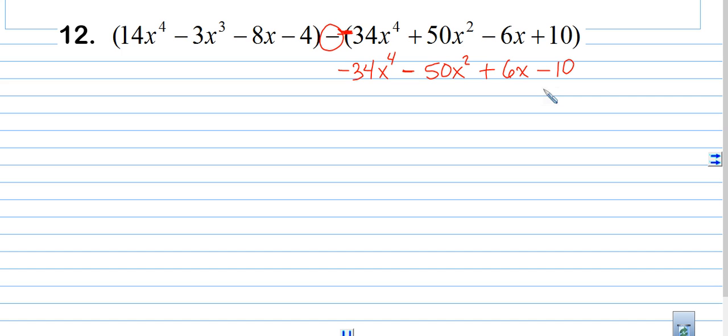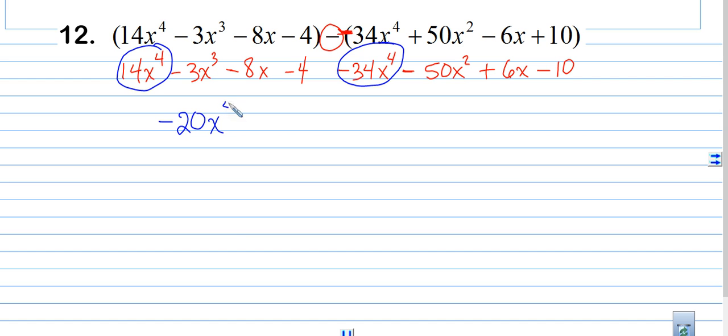Okay? And so then the front one really just will drop down. If it doesn't have a number in front, it will almost always just drop down with no changes. And now it just becomes combining like terms. Look for your highest exponent. You've got x to the fourth as our highest. So we have 14x to the fourth minus 34x to the fourth, and that gives us negative 20x to the fourth.